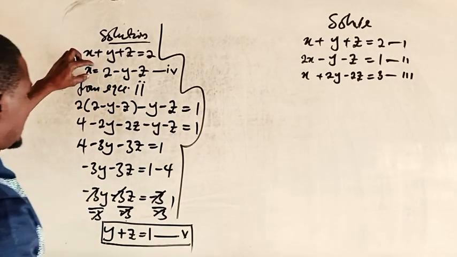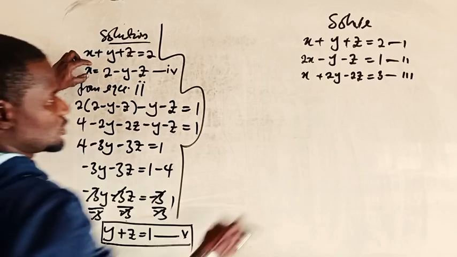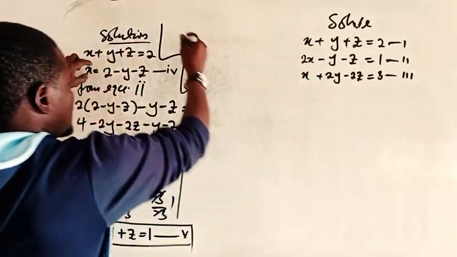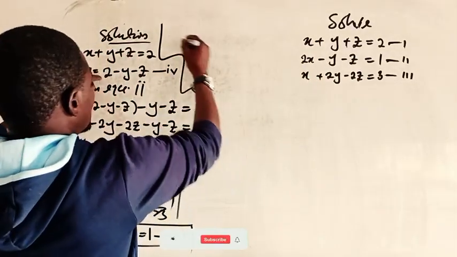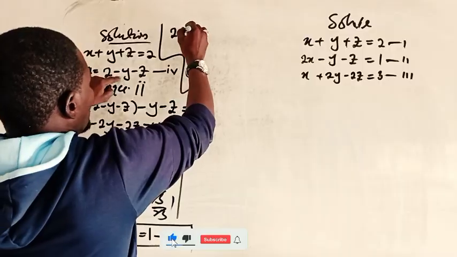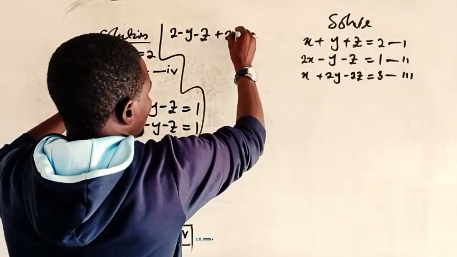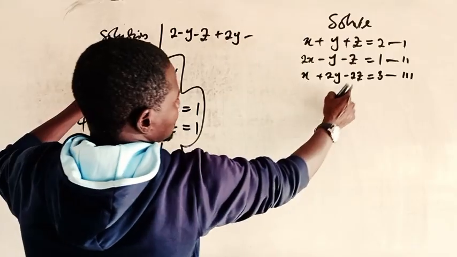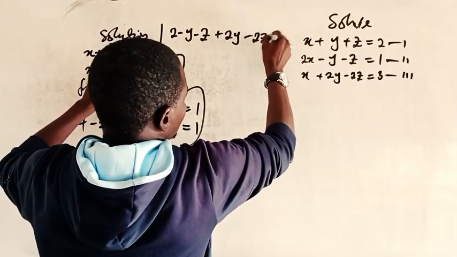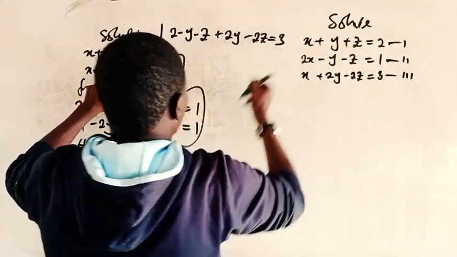Now let me use this same equation to reduce this by substituting x. We have, in place of x, we put 2 minus y minus z, then plus this 2y, minus 2z equals to 3. Let's solve it.